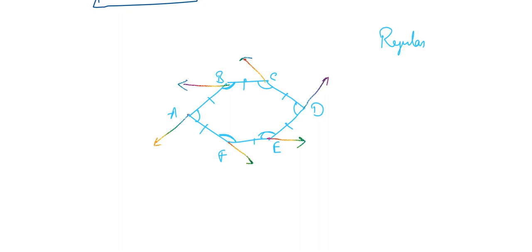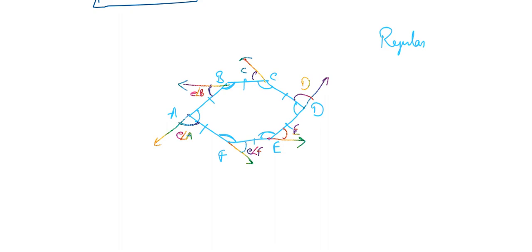Let me mark the angles. See, this is my external A. Let me write external A. Similarly, it is my external B, my external C, my external D, and my external E. So all these are my external angles.